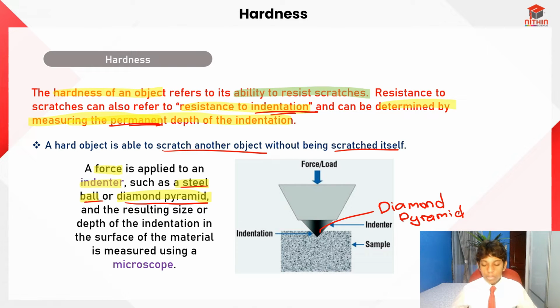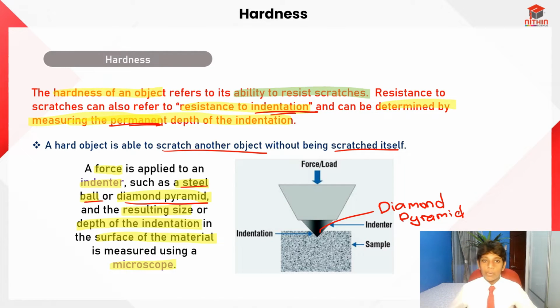Okay, and the resulting size or the depth of the indentation. Let me just highlight these two parts. The resulting size or the depth of the indentation in the surface of the material is measured using a microscope.